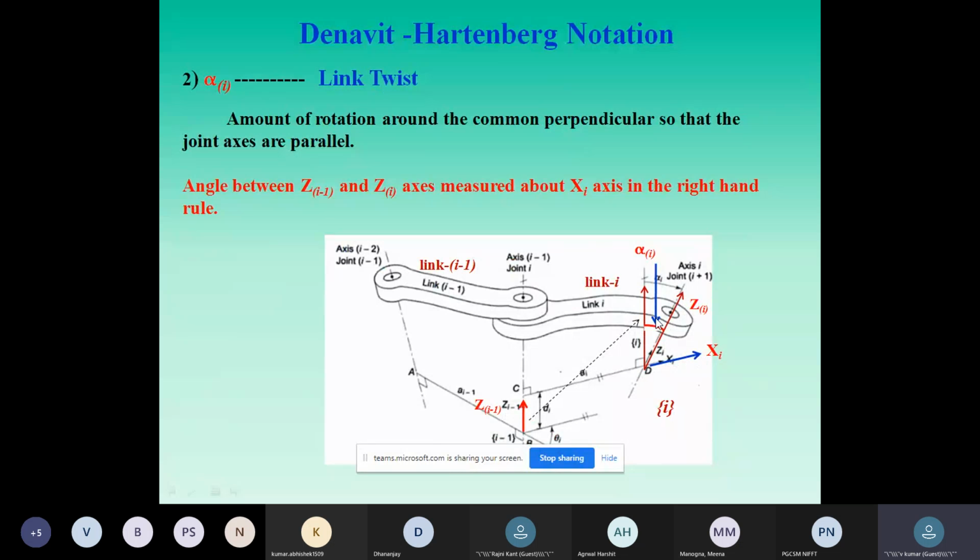This is our zi. This is our zi minus 1. What is the angle between these two axes? Take it here and make it parallel. This is the angle. To rotate about this, how many degrees are required? That is alpha i. This alpha i is called the twist angle. Okay? Yes, sir. This is twist.